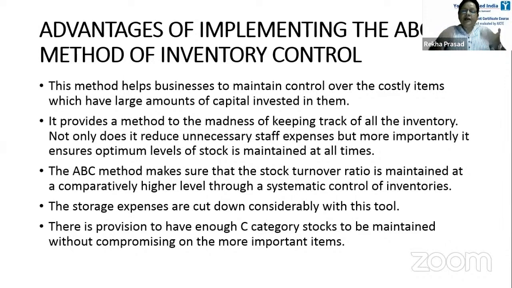Naturally, घर में आप सोना चांदी लाएंगे, तो that is costlier, but it is smaller in number. Quantity में कम है, but cost में बहुत ज्यादा है. तो you will be looking more after them than other items of your house.